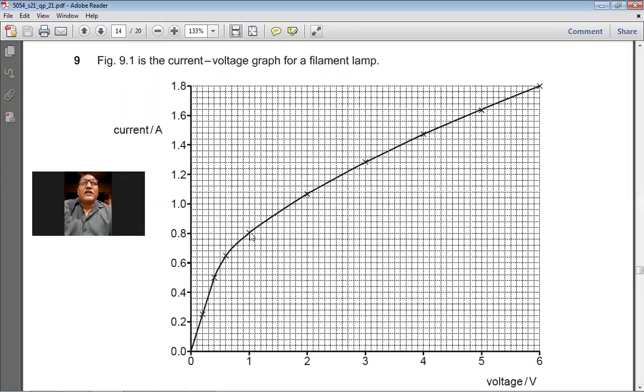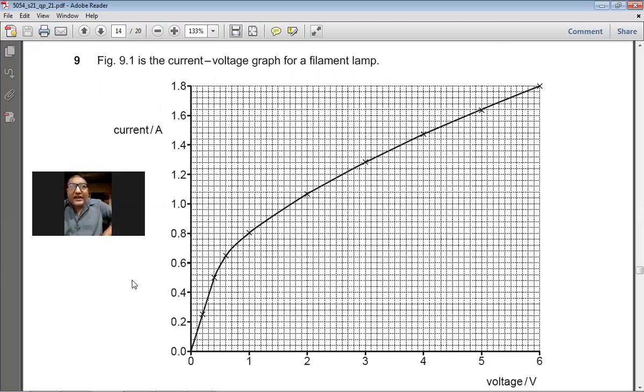Here you have 0.8, and then here you can see 1 point something. Here you have 1.2 something ampere current. Here the current is like 1.4 something, here 1.6 something, and here the maximum current is 1.8 ampere.